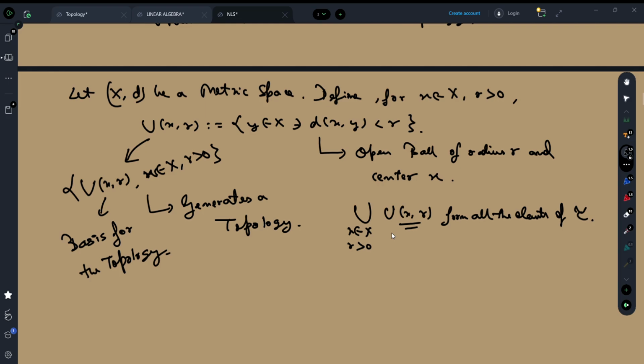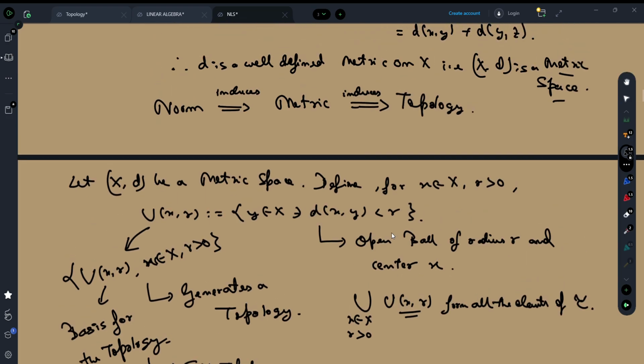This topology is also often referred to as the standard topology, which is generated by open balls. An open ball in the case of the simple real field is nothing but an open interval. So the topology generated by a basis which consists of open balls is often called the standard topology. But we are not concerned about that.